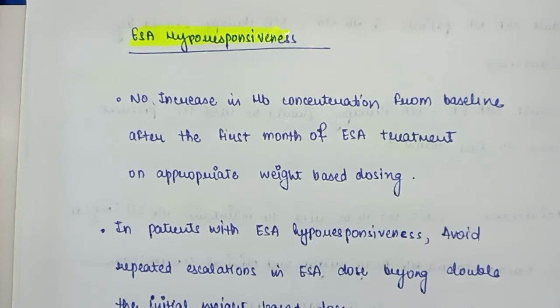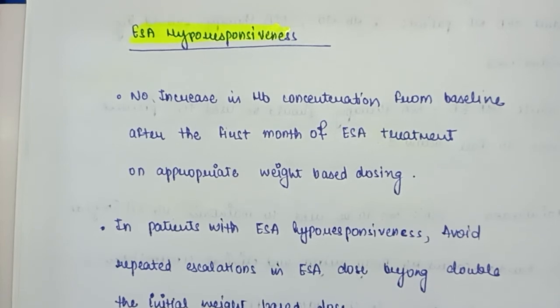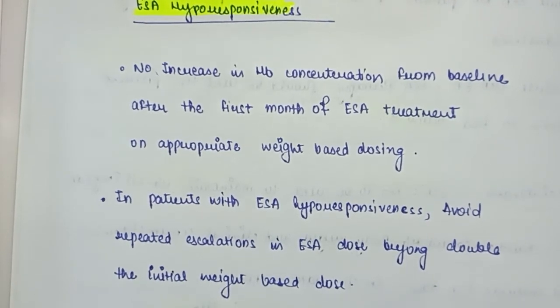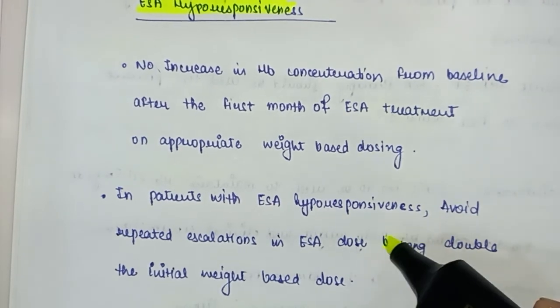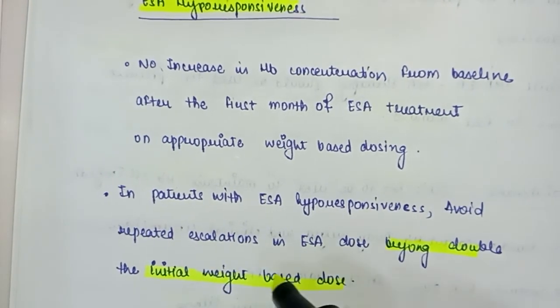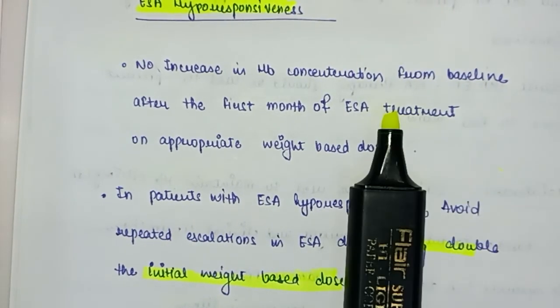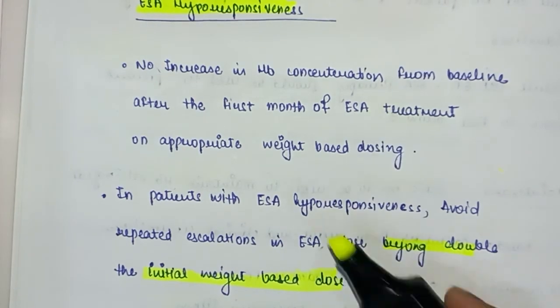You have started the ESA according to the appropriate weight of the patient, but there is no hemoglobin improvement, so then we call it ESA hyporesponsiveness. In patients with ESA hyporesponsiveness, avoid repeated escalations in ESA dose beyond double the initial weight based dosing. Try to look for the causes of ESA hyporesponsiveness.